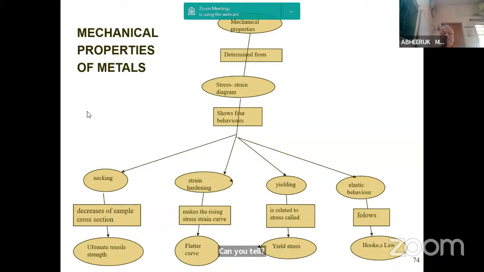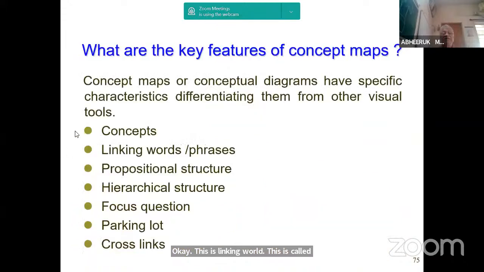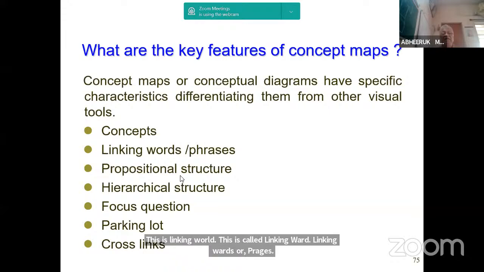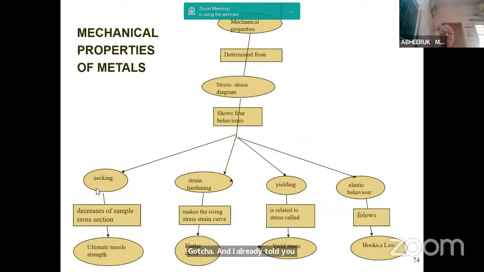Okay. This is a linking word. This is called a linking word, or linking phrases. And I already told you about propositional structure: necking decreases the sample of, so here these two concepts are connected. So this is a proposition. I told you in the beginning.